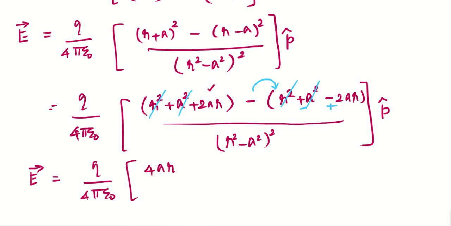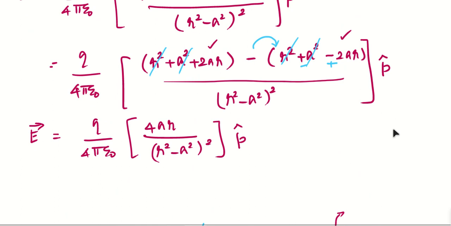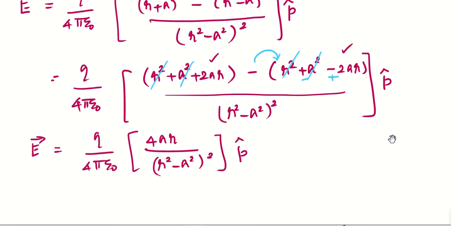We add this and this: 4ar divided by r squared minus a squared whole squared, and it is along the p vector. This is the electric field at point P, the axial point.